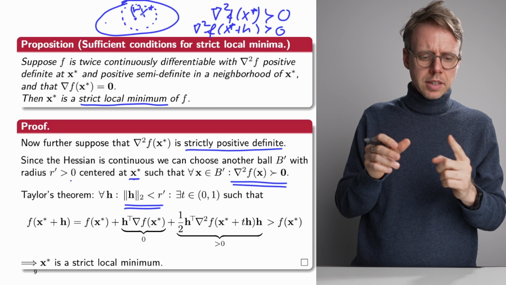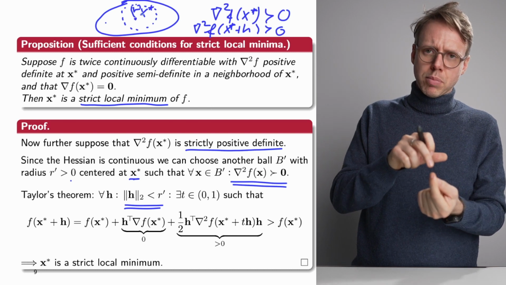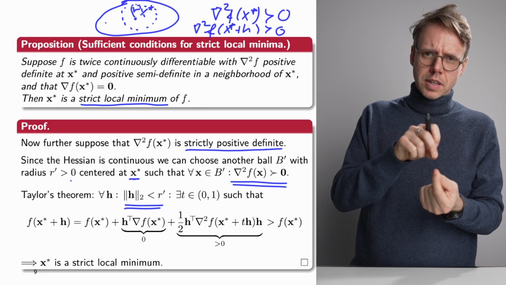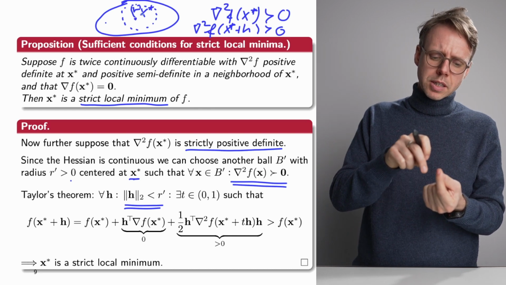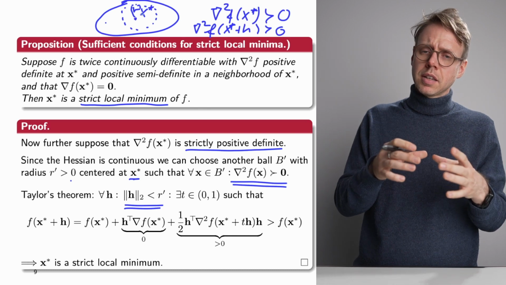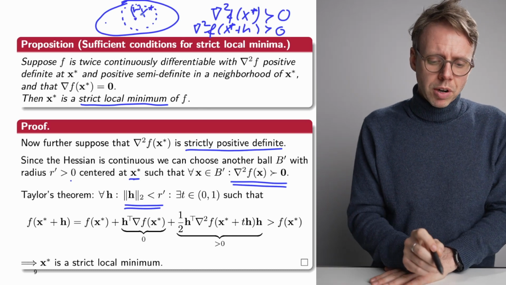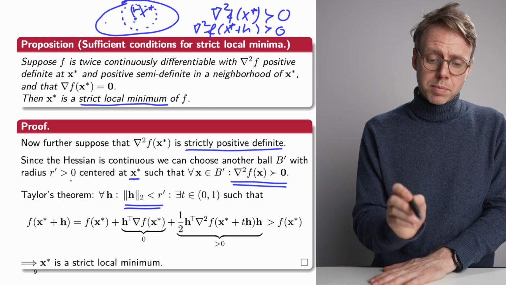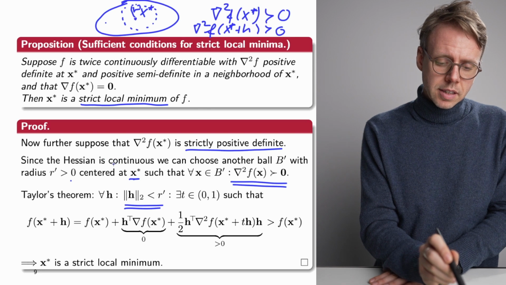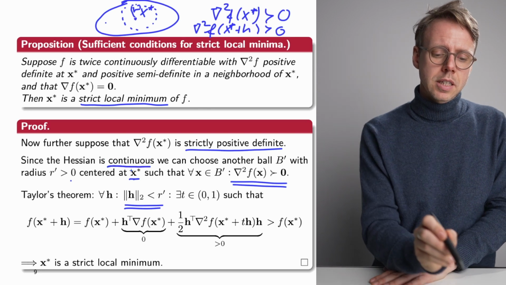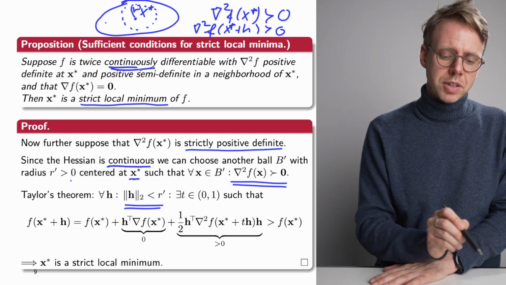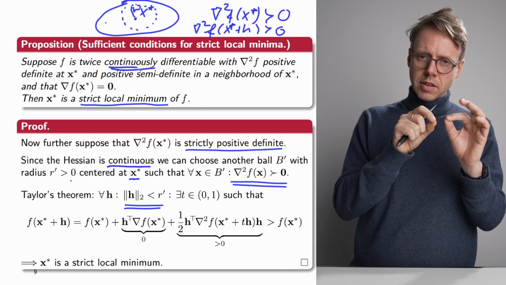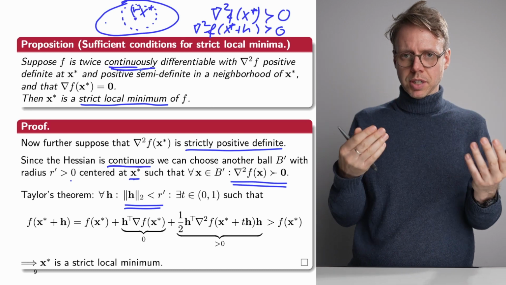So why do we know that the Hessian at the point x star being positive definite implies that it also has to be positive definite in a ball around this point x star? That is because the Hessian is continuous. So we said that it's twice continuously differentiable. So the Hessian is a continuous function. There's no jumps. All the eigenvalues of the Hessian are positive.